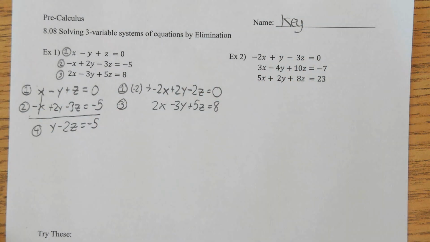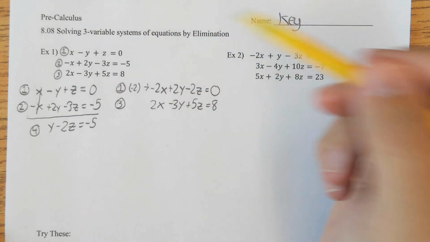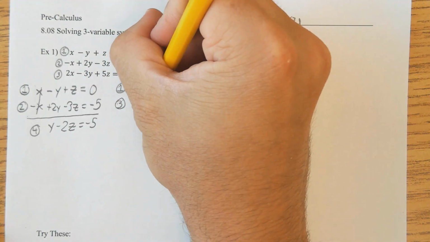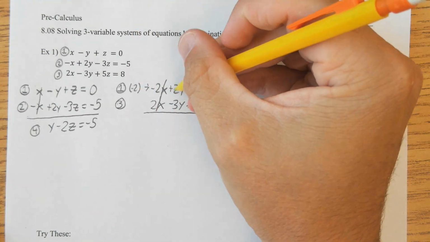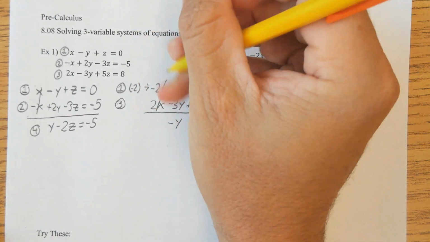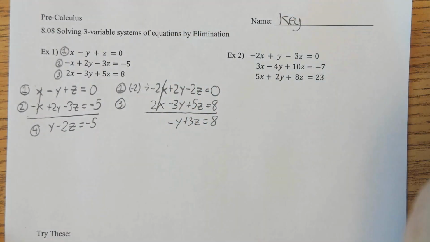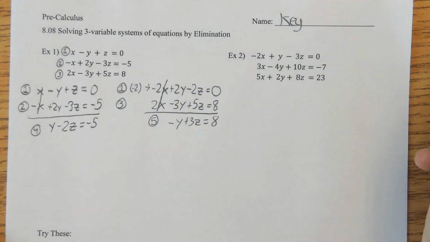So you're taking what we learned on Monday and extending it a little bit, setting it up so we can get rid of all the x's. Now all the x's are gone. Let's add these together. That gives me a negative y, negative 2z plus 5z, positive 3z, and 8 plus 0 is 8. We're going to label that equation 5.